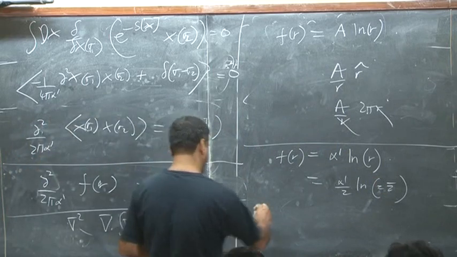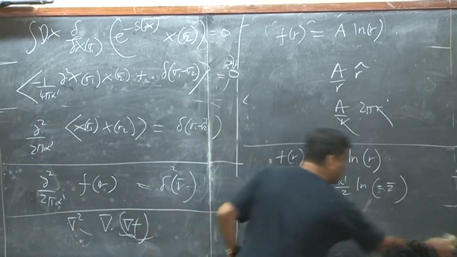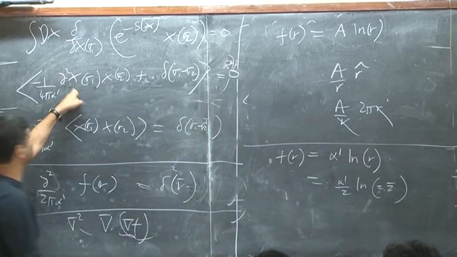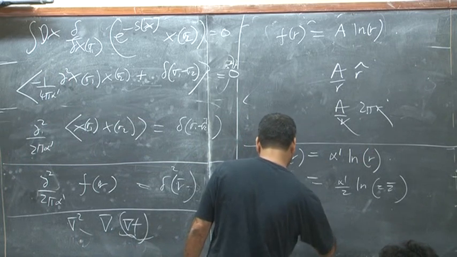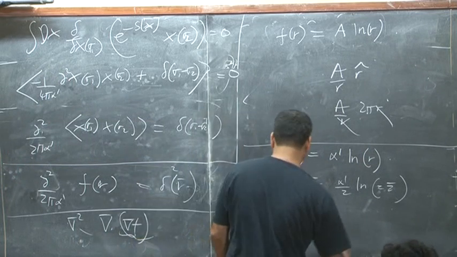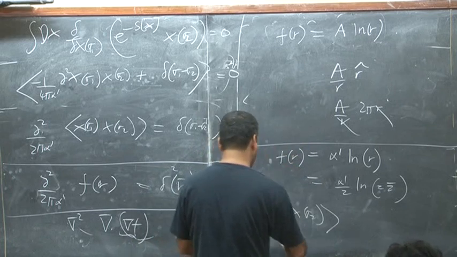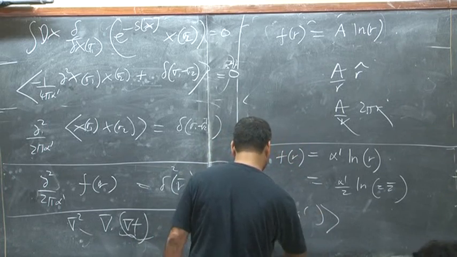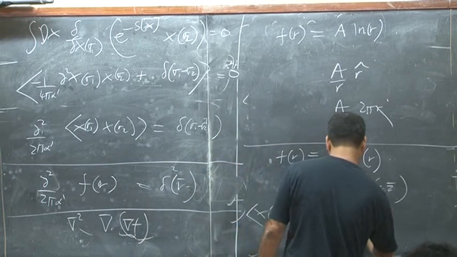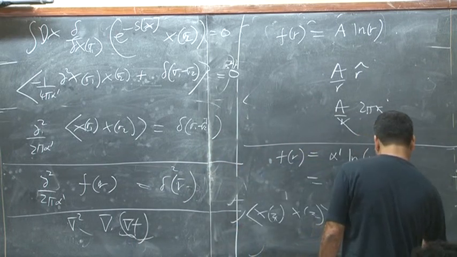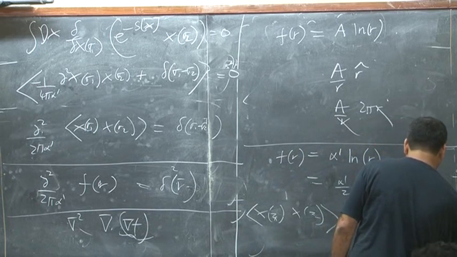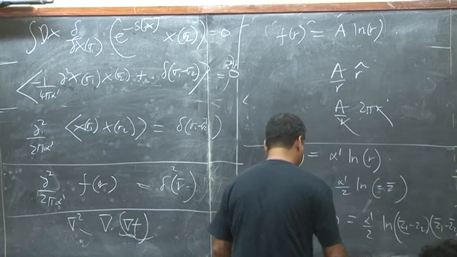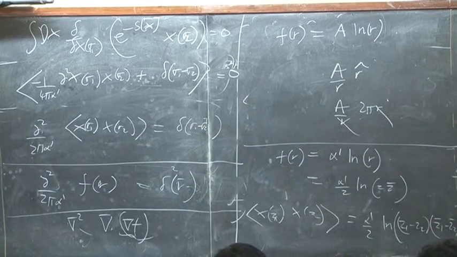So I'm claiming that by solving this so-called Schwinger-Dyson equation, we concluded that x of sigma 1, x of sigma 2, let's say z1, z2, is equal to alpha prime by 2 log of z1 minus z2 times z1 bar minus z2 bar. Okay, now it's truth time. Have we got the factors correct?